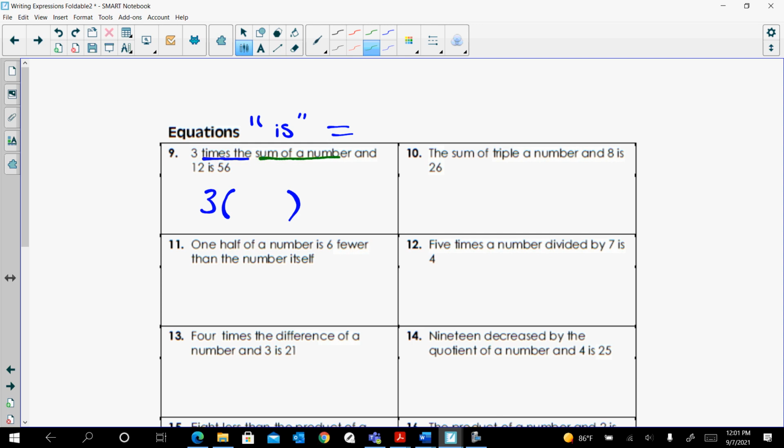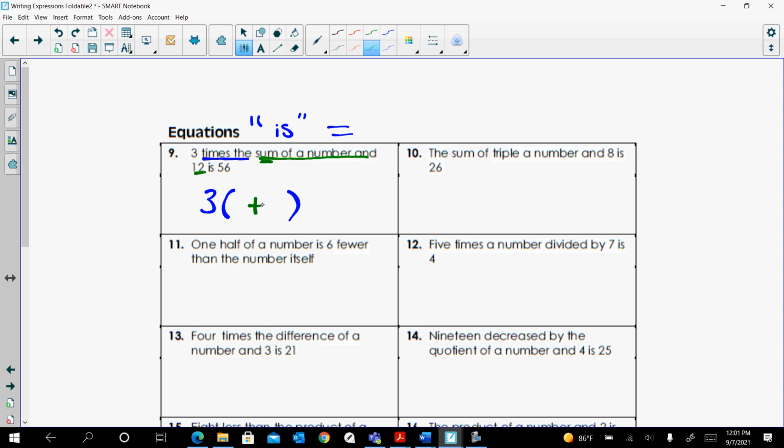It says the sum of a number and 12. So how would I show the sum of a number and 12? What's the key word there? Sum. So what operation is that? Okay, so there has to be addition in our parentheses.